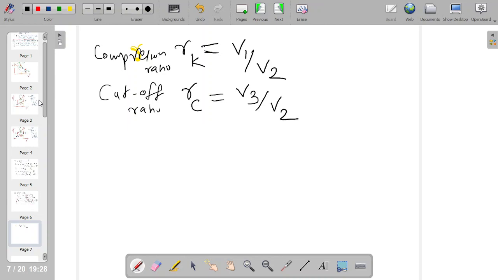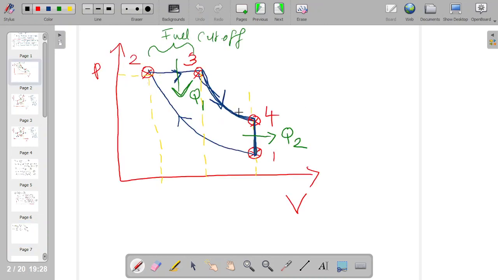Finally, we have the expansion ratio also, because here expansion happens over a different volume. It can be written as V4 by V3. Remember, we write all these quantities as greater than 1, that is why we go for V4 by V3, not V3 by V4, because V3 is less than V4. If you write the expansion ratio as V3 by V4, it will be less than 1.